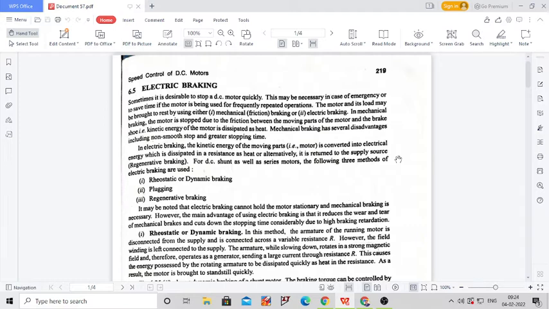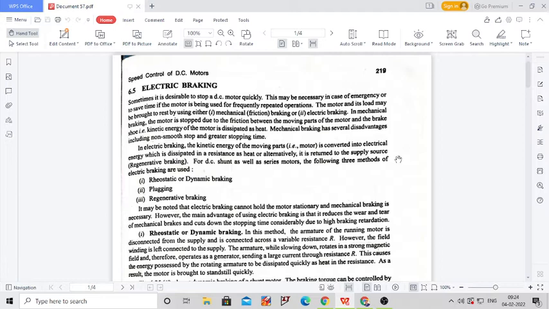The friction between that braking device and the disc takes place, and we achieve braking for the vehicle. These kinds of brakings are generally termed mechanical braking. So in mechanical braking, we achieve braking due to the friction between the rotating part and the braking object, which is generally the brake shoe.